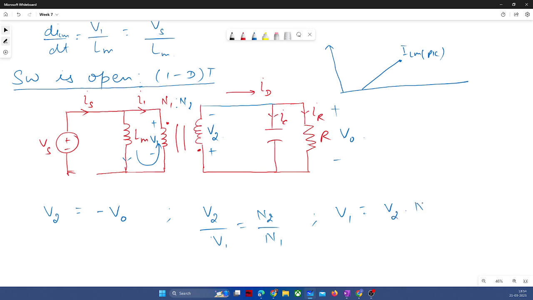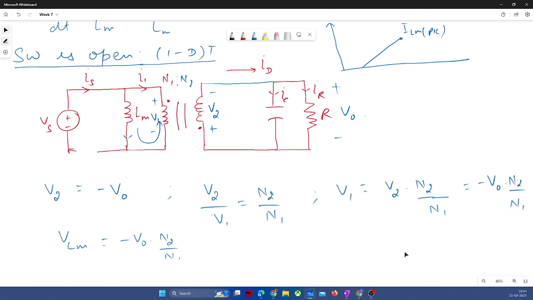V2 into N2 by N1, right? And V2 is minus V0, so minus V0 into N2 by N1. So here the voltage along the inductance is now coming out to be negative, and that is VLM, let me write, minus V0 into N2 by N1.